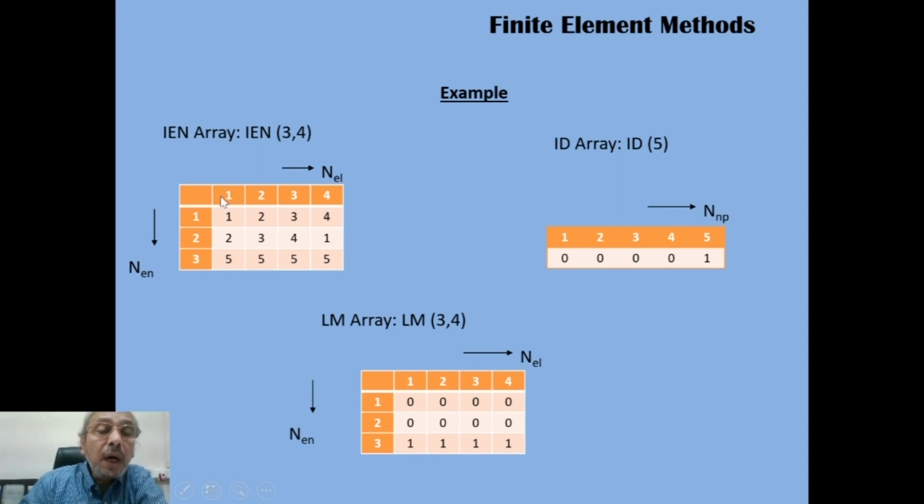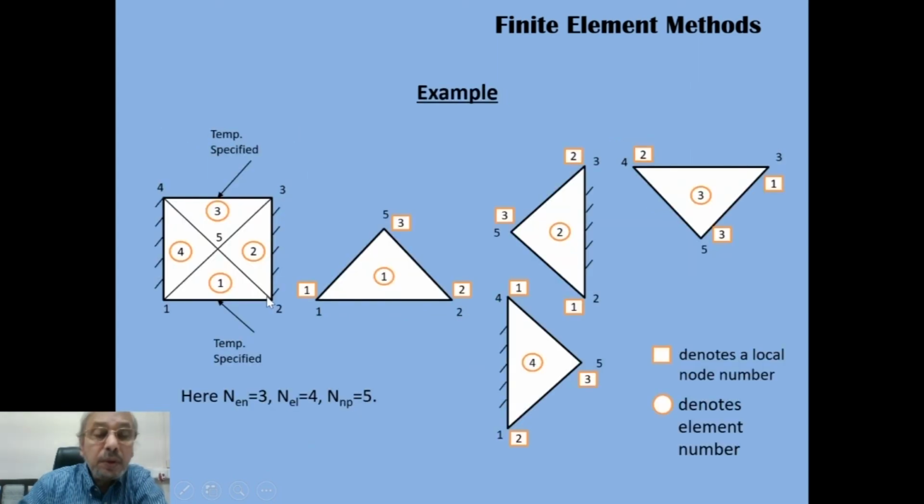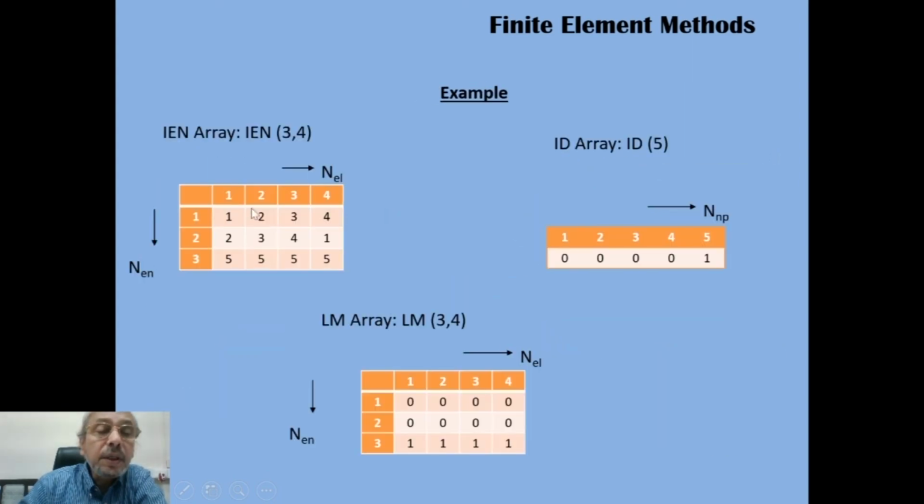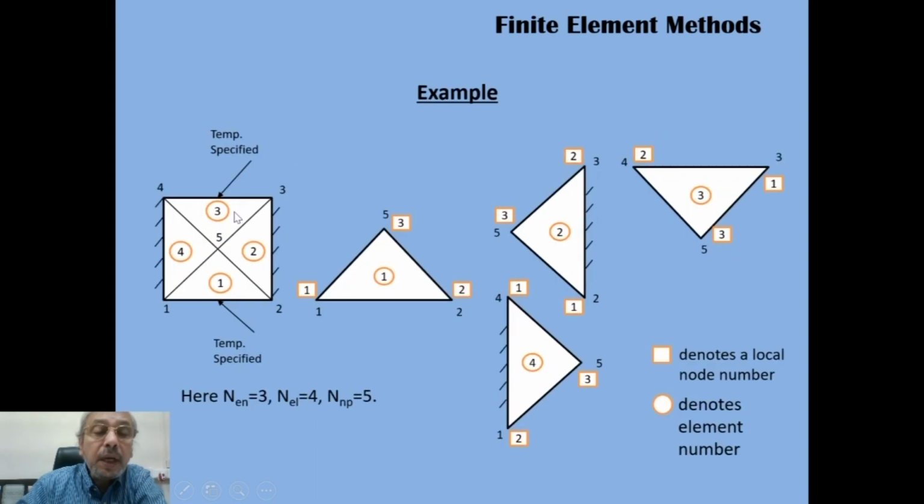So when 1 is the element number and 1 is the local node number of the first element, then what is the global node number of that? It is 1.